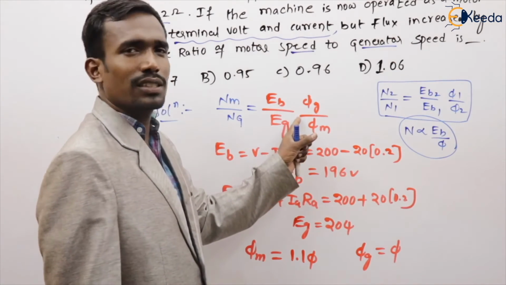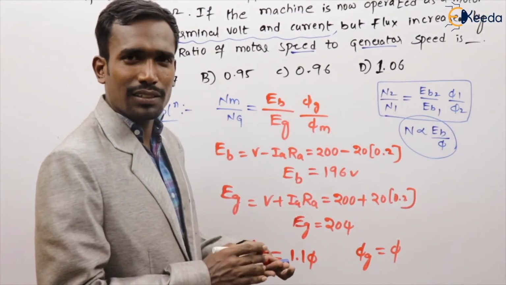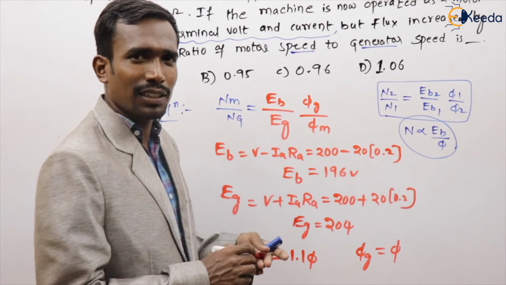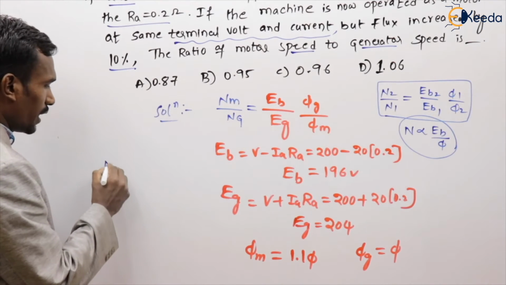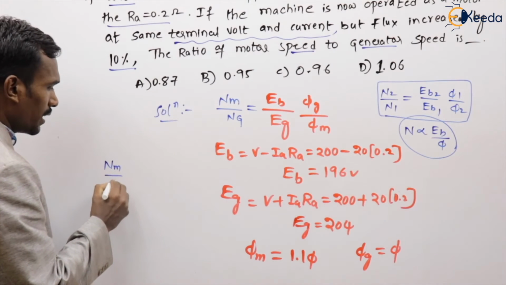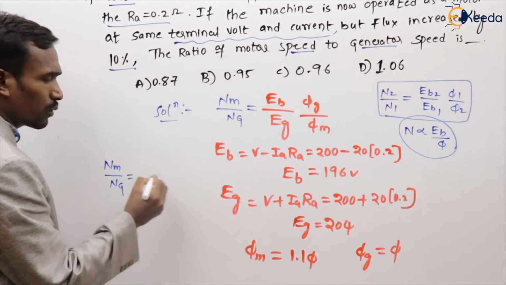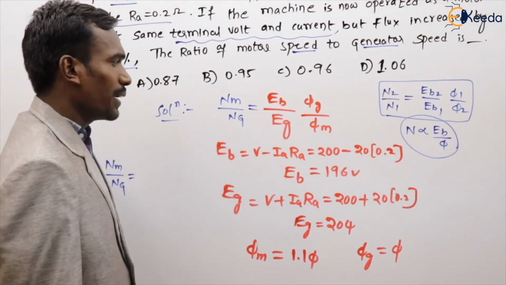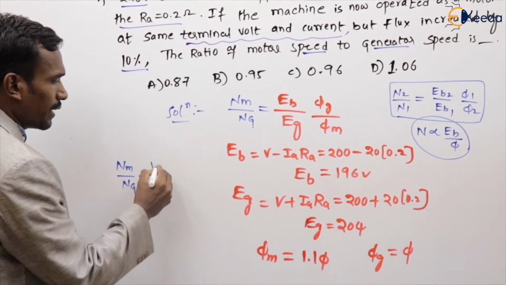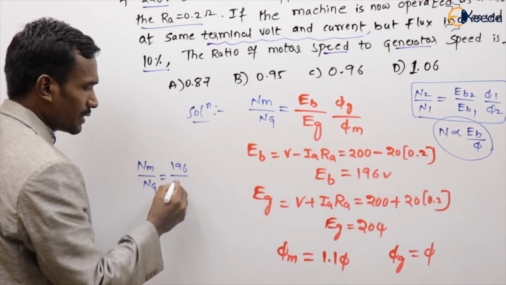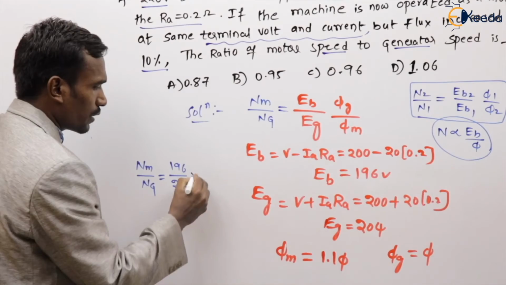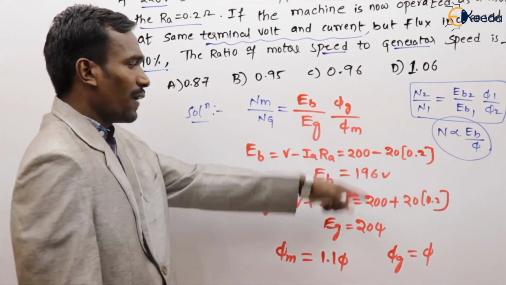Then substitute in this, and directly we can get the answer. Nm by Ng is equal to Eb 196 divided by Eg 204 multiplied by phi g by phi m.